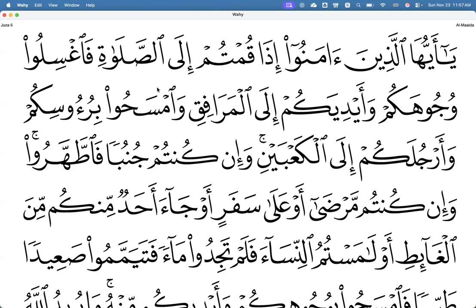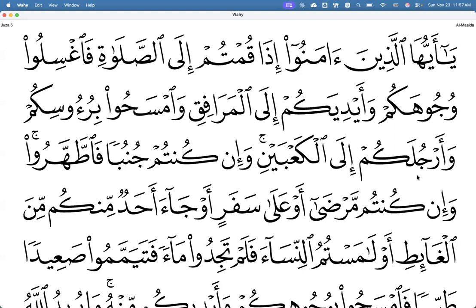Okay, also this ayah supports what? If you're wearing khufs, if you're wearing socks, do we wash our feet with socks or do we do the masah on the socks? Masah. Yes.